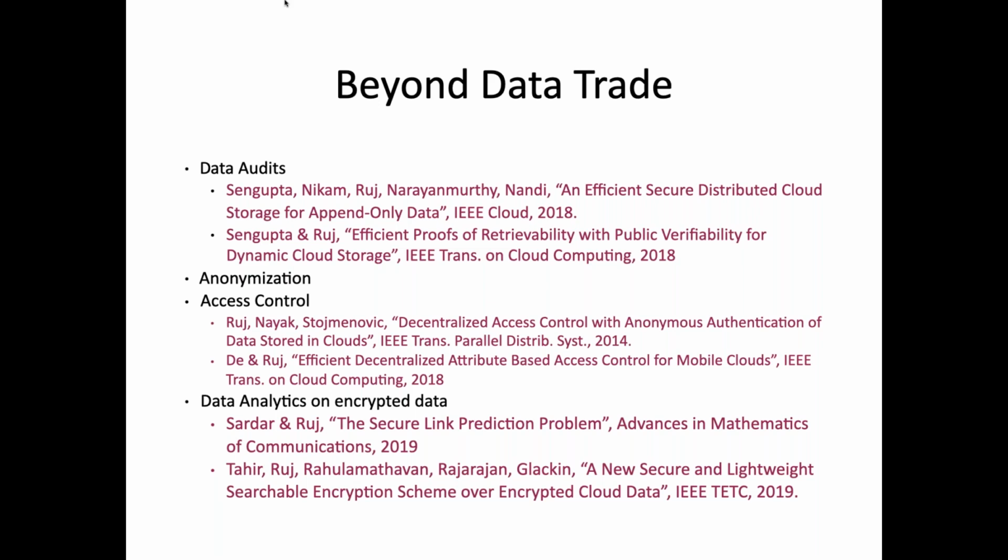When I say anonymization, there is a lot of work that is done on anonymization techniques using various techniques like k-anonymity, l-diversity, and also a lot of literature on privacy preserving technologies I have not touched upon at all. And these are very crucial when it comes to data sharing.